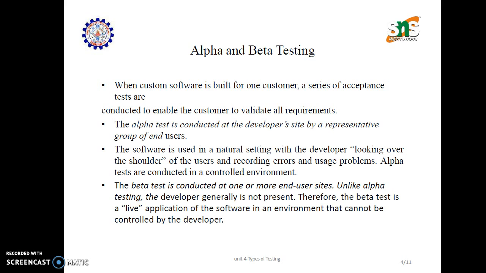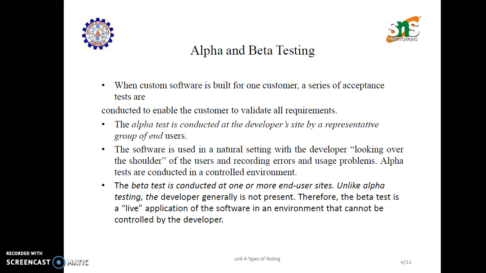Whereas beta testing is conducted at one or more end user sites. The beta test is a live application of the software in an environment that cannot be controlled by the developer. Alpha testing can be controlled by the developer, so if any error occurs, we can control it.